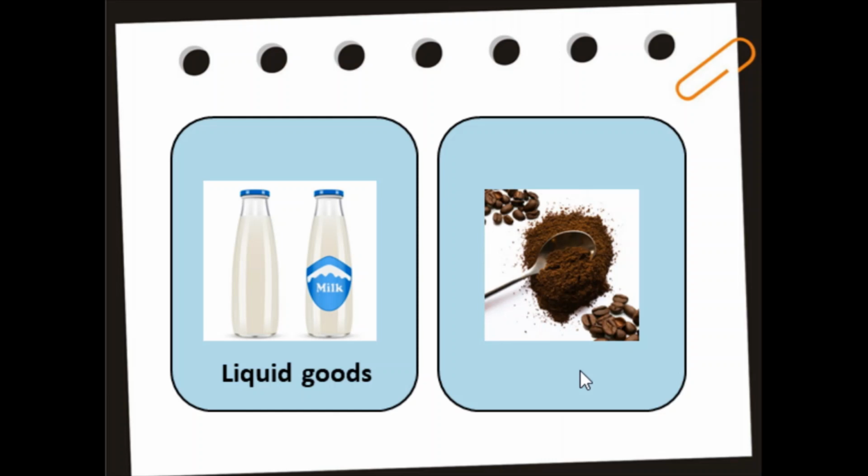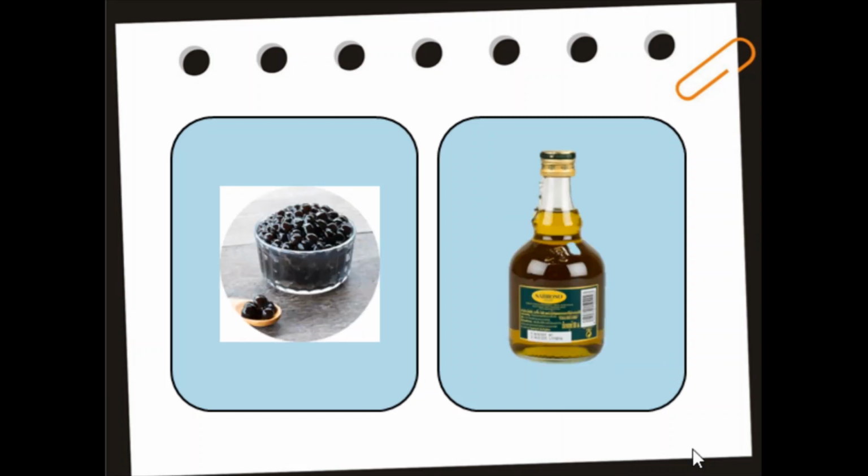Very well done. Dry good. Great job. Let's move on to this one. These black pearls. Are black pearls liquid or dry? Very good. It's dry, and this oil over here is liquid. Black pearls are dry goods, while vegetable oil is a liquid good.